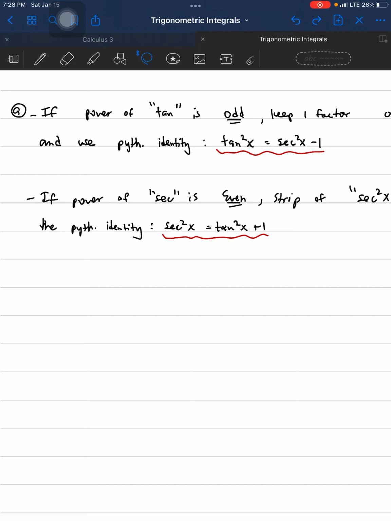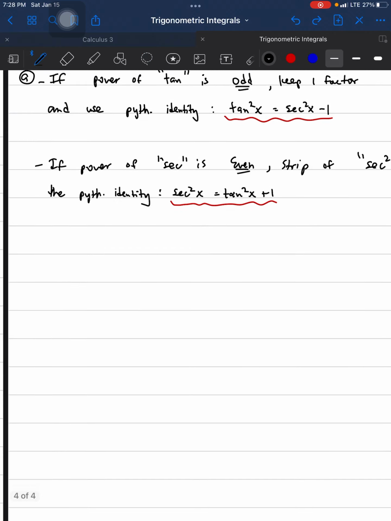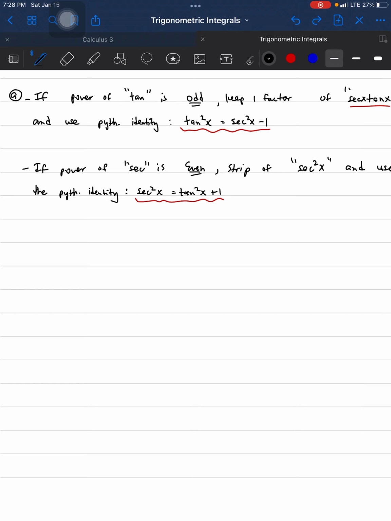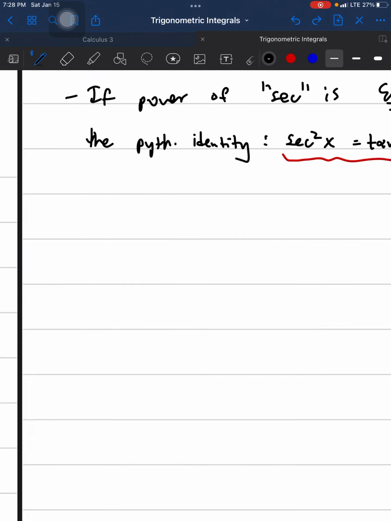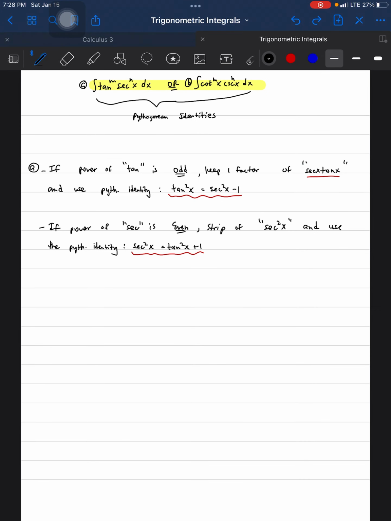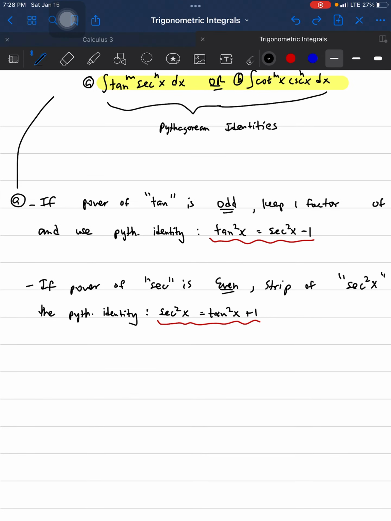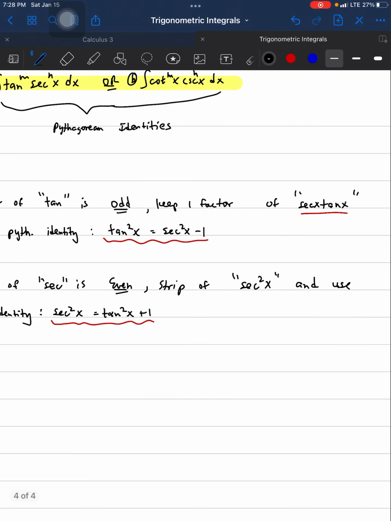The good thing about trig is that it's very diverse, and there's a lot of different ways you can get to the same answer, and all of those ways are correct. Like there's a few ways to get the same answer whenever a trig is involved. So that's the good thing about trig sub and trigonometric integrals. So this is part A, right? This is case A.